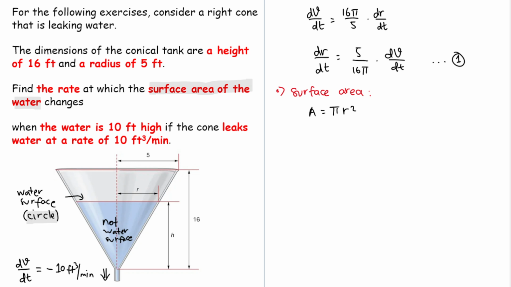And then we need to find the change, so we have to find dA/dt. And dA/dt is equal to dA/dr multiplied by dr/dt. We can calculate this part using the power rule, so dA/dt will equal 2 pi r multiplied by dr/dt.